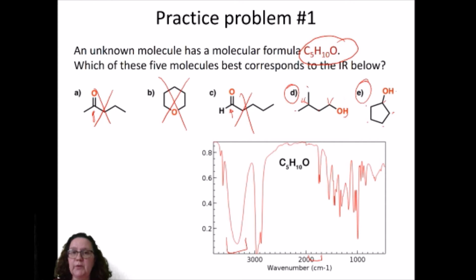So that structure does not correspond to the formula C5H10O. It has too many hydrogens. So the correct compound that this spectrum corresponds to is compound E.